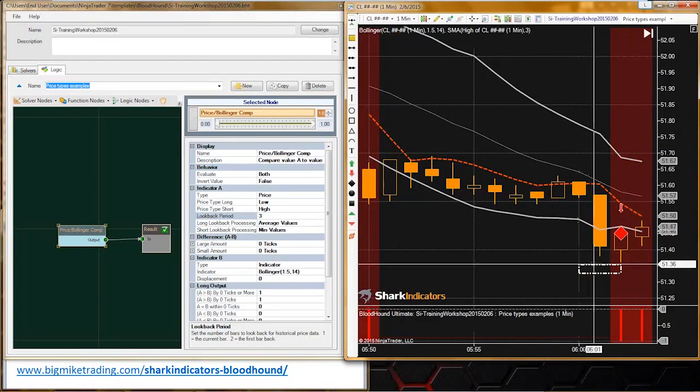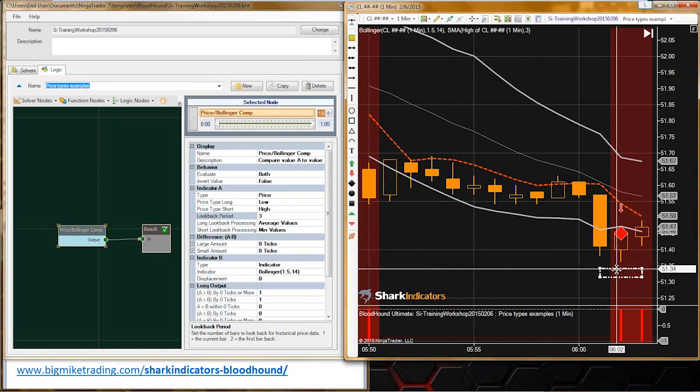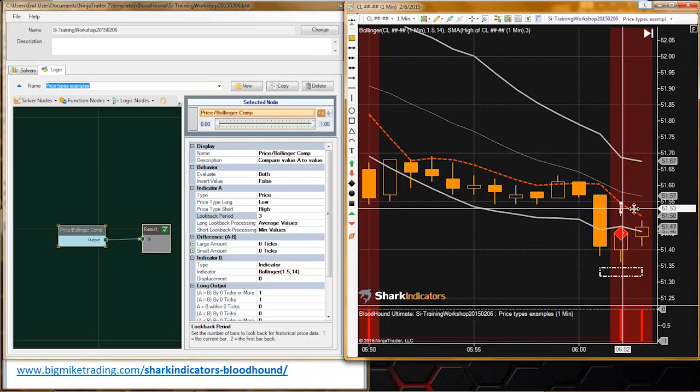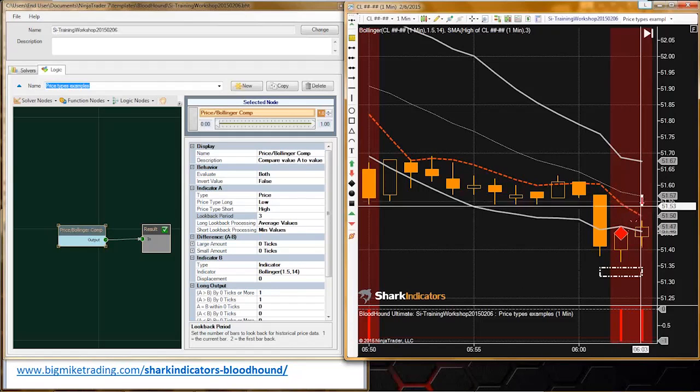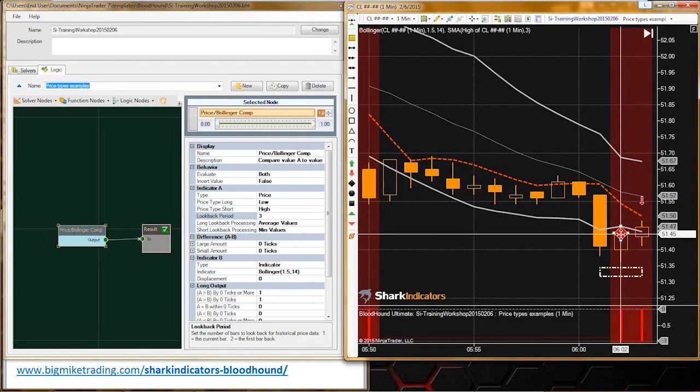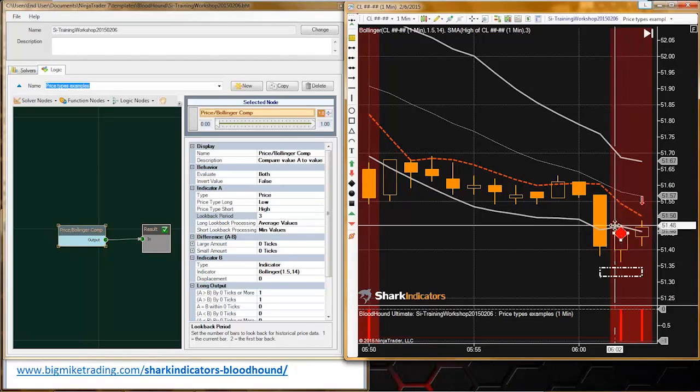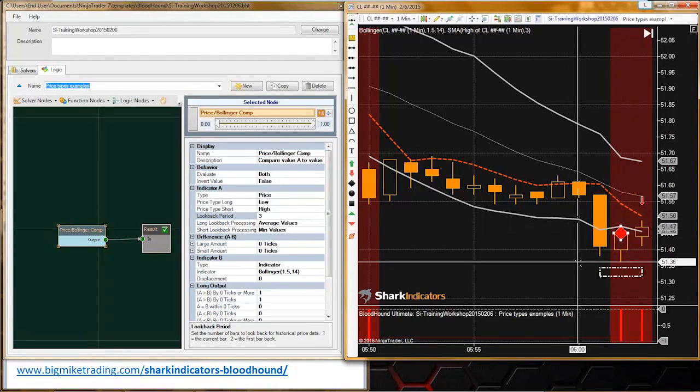And as we step forward again, here's the highs that we're looking at. This is still the current bar, but our low is this bar. So in our look back period, we do have a high that's still below the lower band.